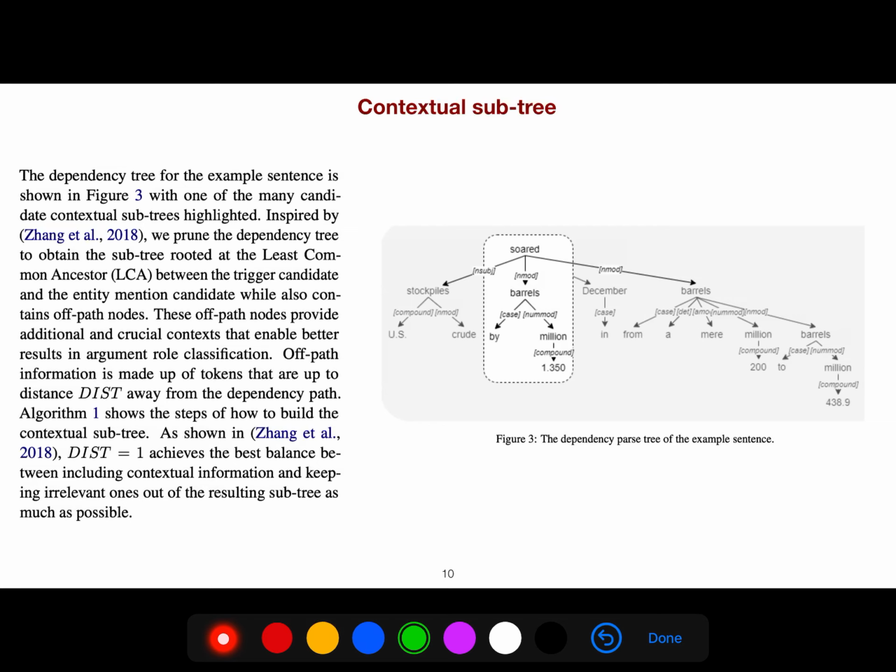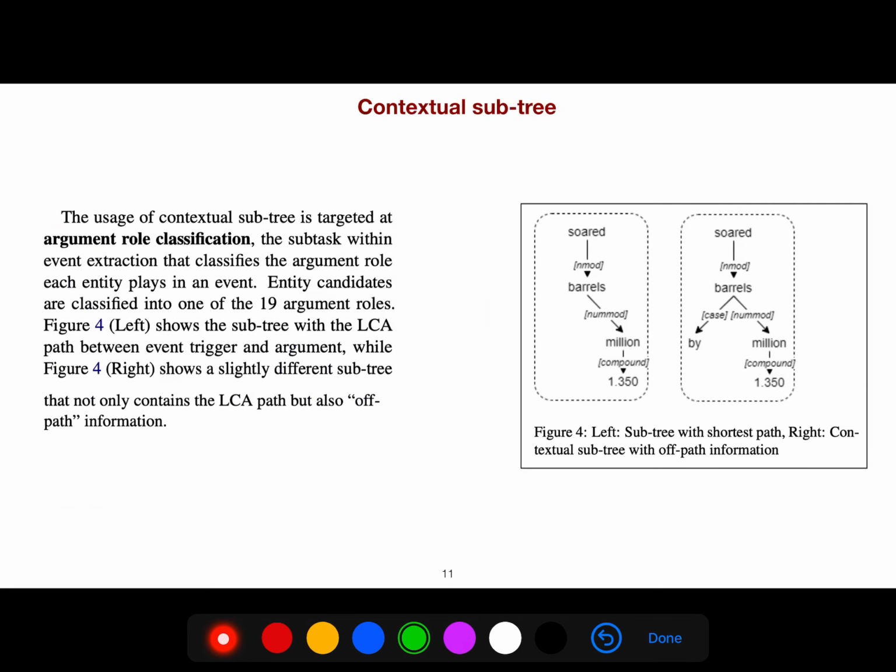Off-path information is made up of tokens that are up to a certain distance away from the dependency path. The usage of contextual subtree is targeted at argument role classification, the subtask within event extraction that classifies the argument role each entity plays in an event. Entity candidates are classified into one of the 19 argument roles.